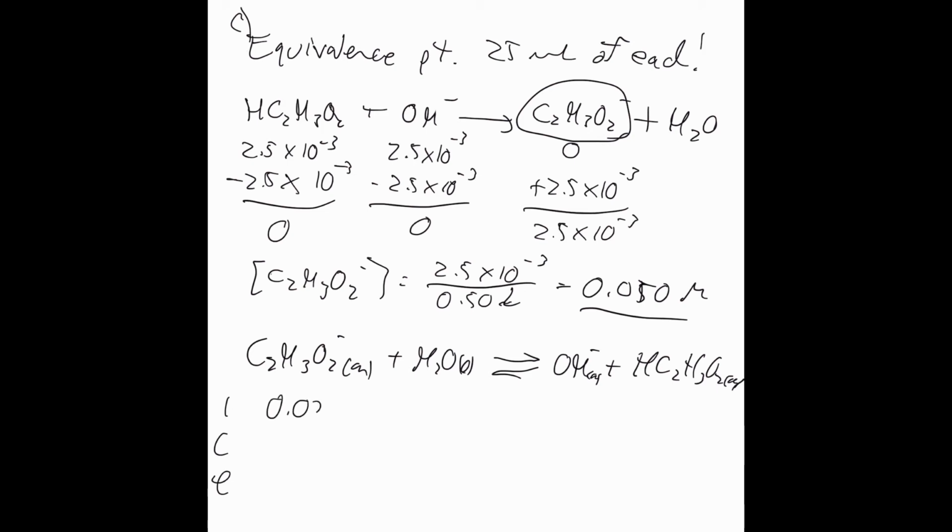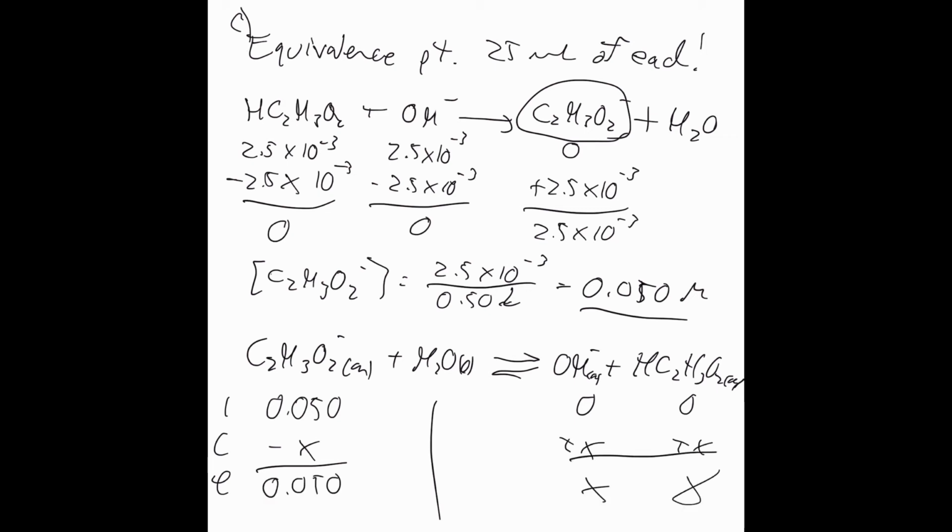So this is 0.050, 0 and 0, minus x, plus x, and then x, and then 0.050 minus x.